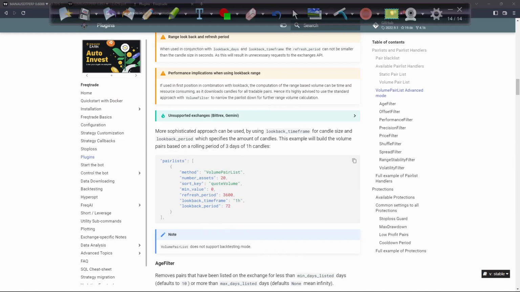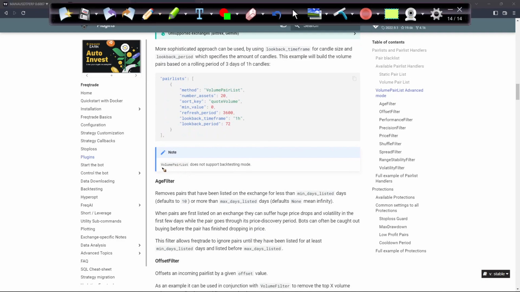Okay, now we have a note here that volume pair list does not support backtesting mode. Yeah, okay, and then we have age filter. Age filter removes pairs that have been listed on the exchange for less than minimum days listed, days default to 10, or more than maximum days listed, which defaults to none, meaning infinity.